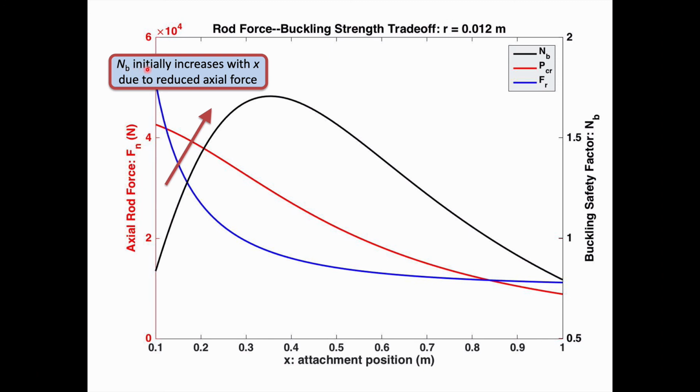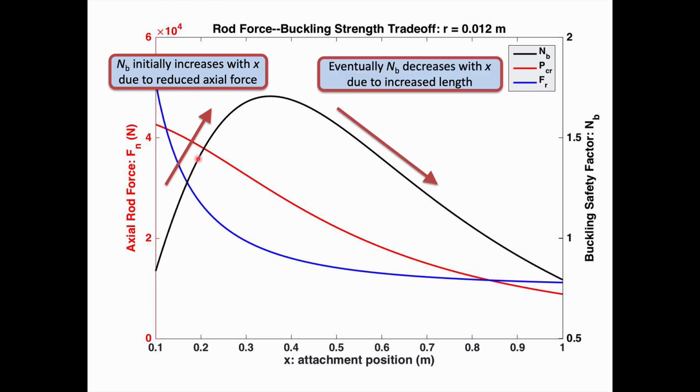The safety factor for buckling initially increases with x, because as we're increasing x, we are reducing the axial force. And this is a really steep drop-off with the blue line. So it's pretty easy to see how that is going to be the dominant factor in this region.